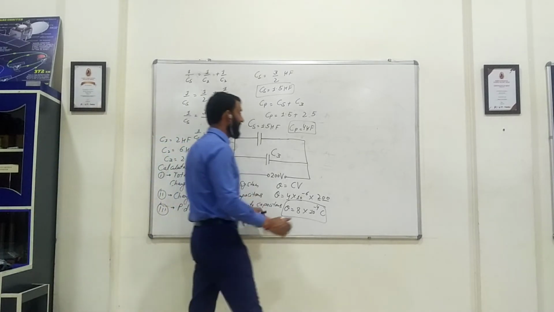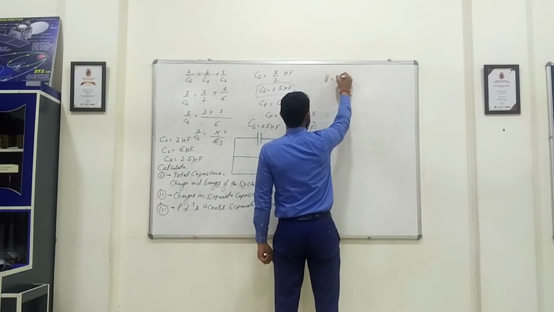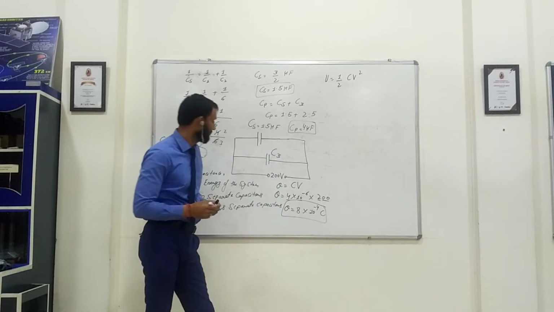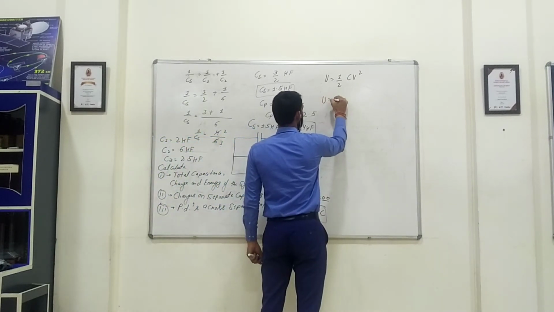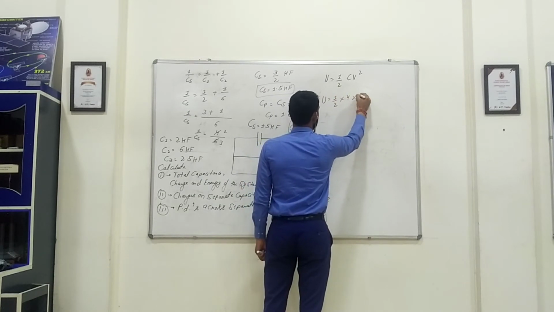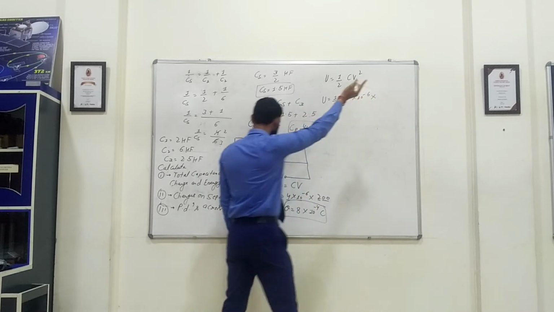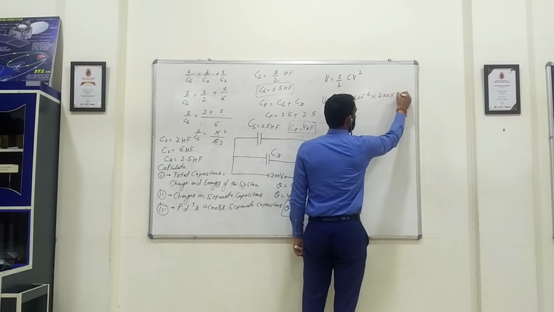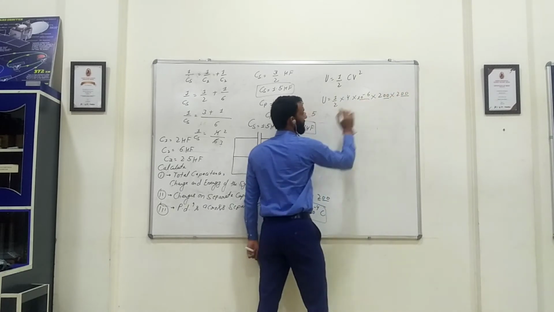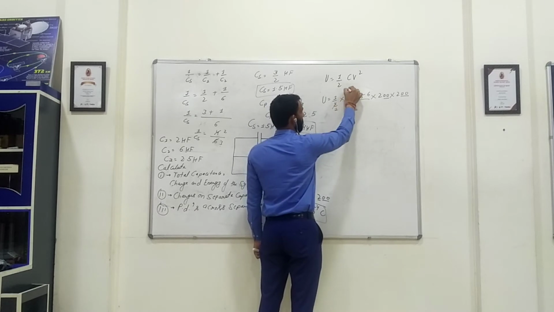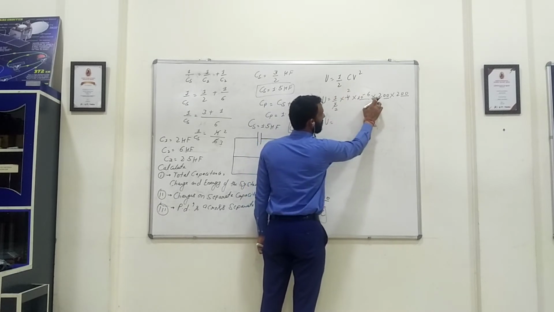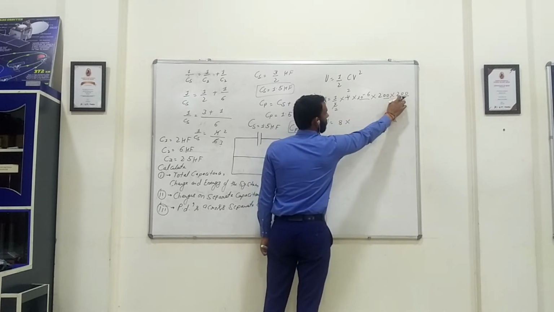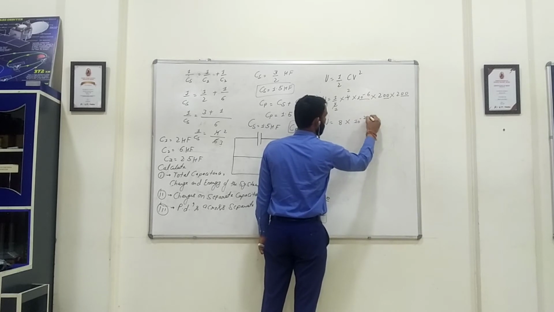Now energy of the system. So we had done energy of the system as half CV squared. U is equal to half into 4 into 10 to the power minus 6 into V squared, square of this. 2 ones are 2, 2 twos are 4, and 4 twos are 8. U is equal to 8 into 10 to the power minus 2 joule.